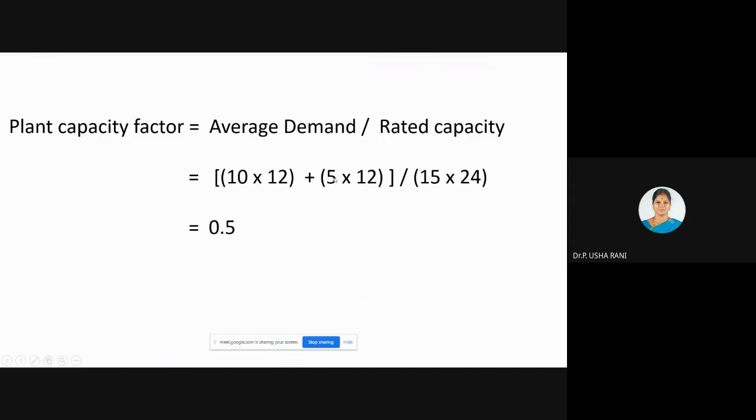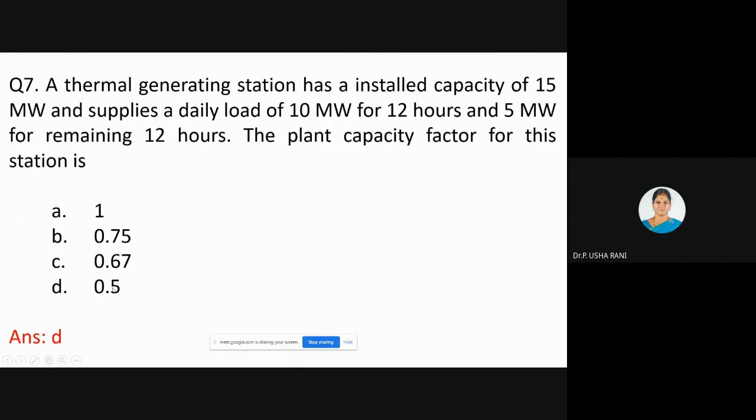I am adding these two, that is 24 hours with the different loads. My average demand in megawatt hour is divided by the rated capacity, 15 megawatt into 24 hours, so the megawatt hour cancels out. So my answer is 0.5. So option D is the correct one, 0.5.